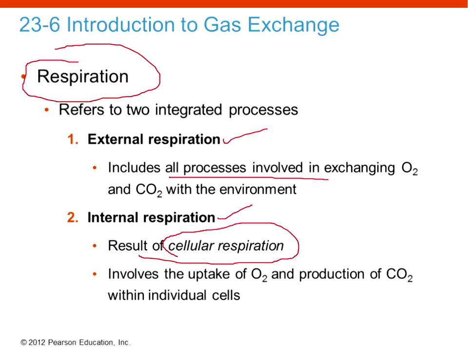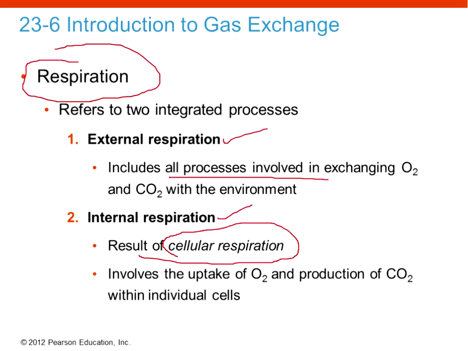So for instance, external respiration is essentially breathing, getting that oxygen down to the alveoli, crossing over the exchange surface, and then attaching to the red blood cell and traveling through the system. Once that oxygen attached to the red blood cells arrives at a target, like the brain or the heart or the skeletal muscle, internal respiration is when that cell takes that oxygen in and produces CO2, like when the skeletal muscle produces ATP and utilizes that oxygen and produces CO2.